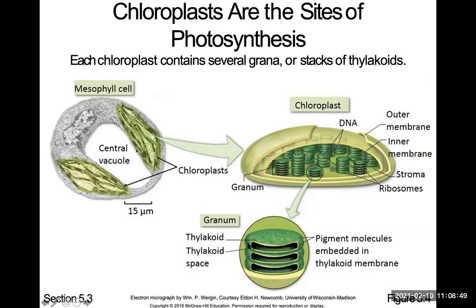What's found on here are proteins and pigment molecules. Those proteins are embedded in this membrane. That's why it has a larger surface area, because it needs those pigments to absorb the sunlight and make energy.